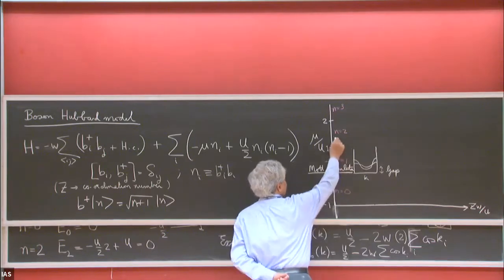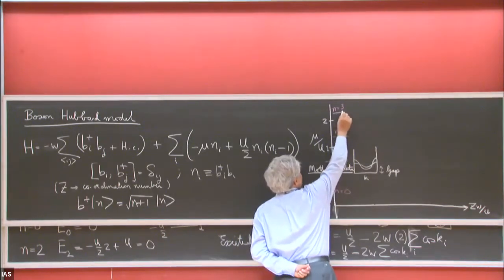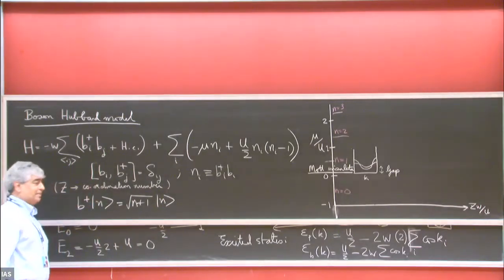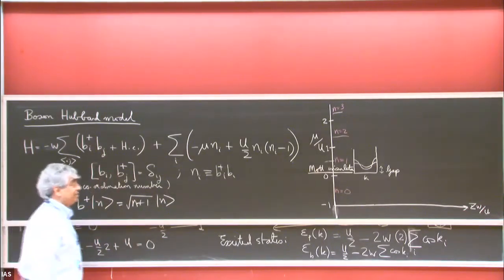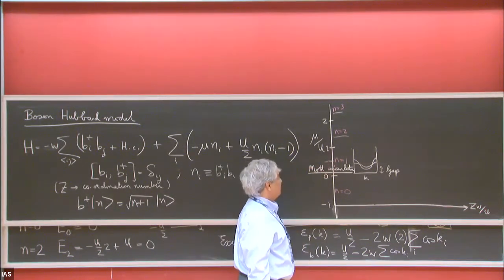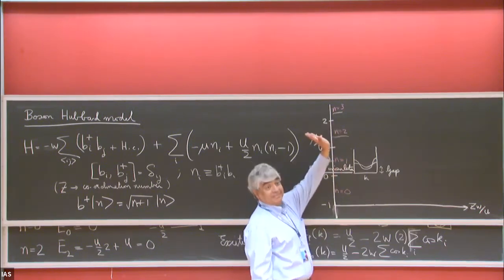And similarly here, this is another Mott insulator. Here's another Mott insulator. And these are stable states that you can show to any order in perturbation theory must exist over a finite range of chemical potentials where the density is exactly an integer.